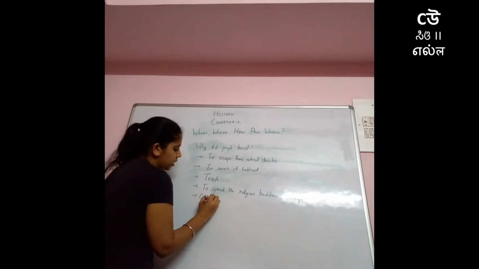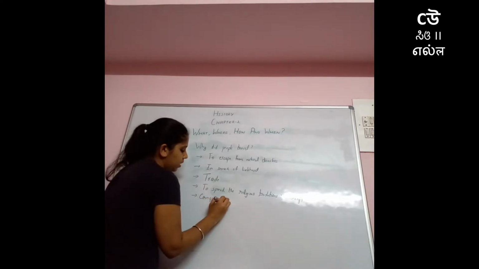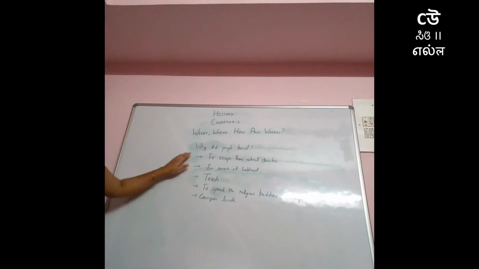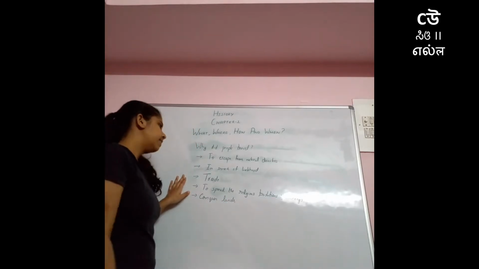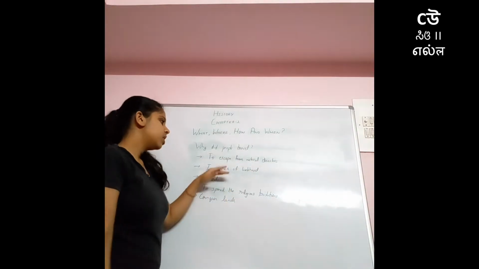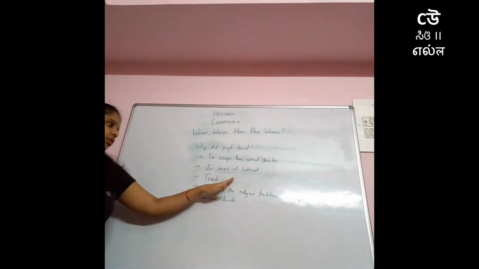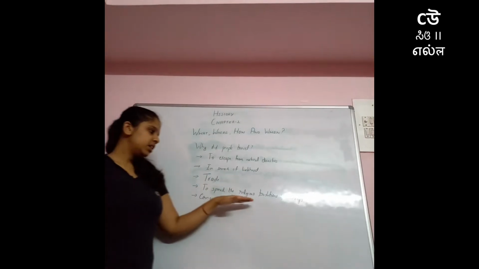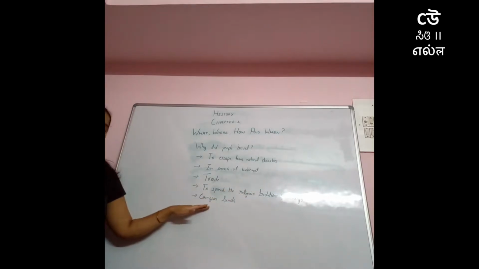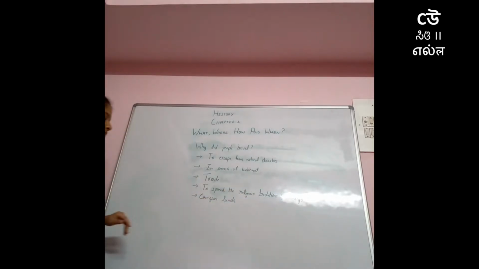To conquer lands. So these are the reasons why people traveled: to escape from natural disasters such as floods and droughts, in search of livelihood, for the purpose of trade, to spread the religious traditions and teachings, and to conquer lands.